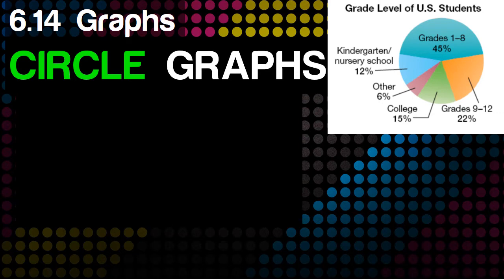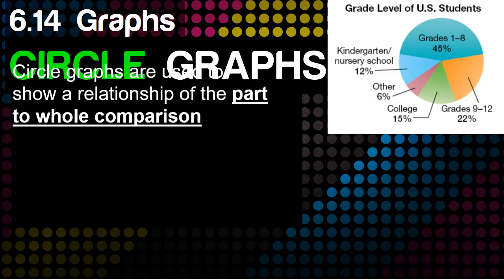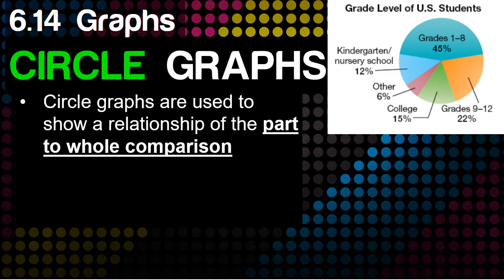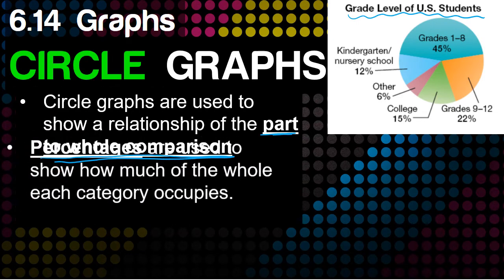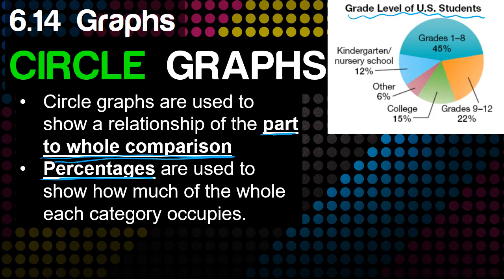Now we have circle graphs. In our future videos, circle graphs are what we're going to be focusing on. So here is the basic information about circle graphs. Circle graphs are used to show a relationship of part to whole comparison. And here in our circle graph, this is the grade level of US students. So there is a total number of students in the United States, and this is broken up with percentages all the way around the circle.